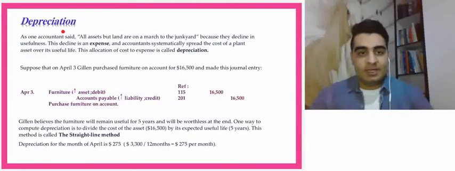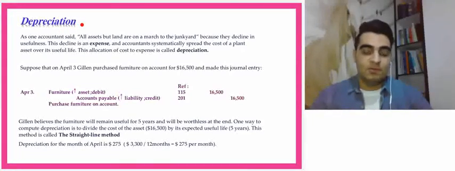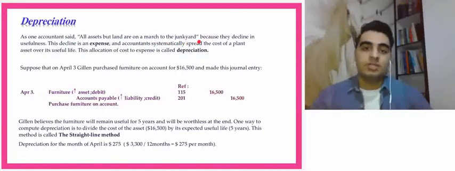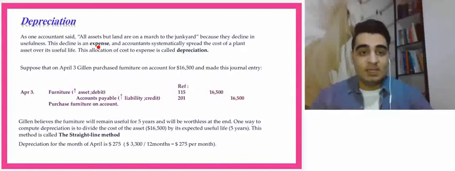And for the next entry, which is very important, I hope you all have your full attention, is depreciation. This is an interesting statement. It says that, as one accountant said, all assets but land are on the march to the junkyard because they decline in usefulness. It's a fact. So this decline is an expense.